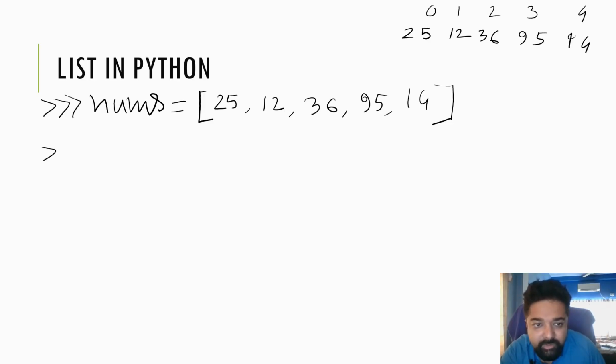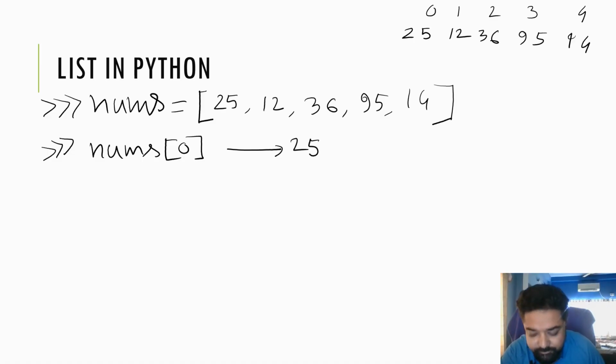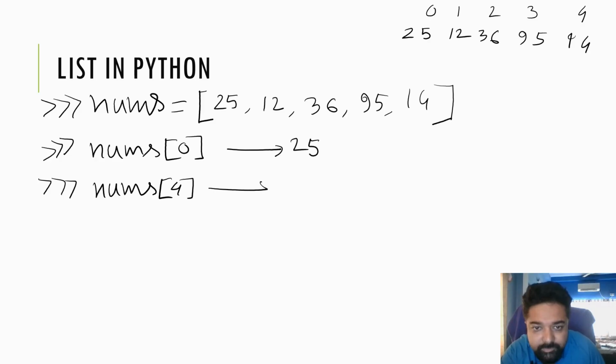Now if I write nums 0, this will print 25. If I write nums 4, it will print 14. We already did this in the variable chapter.